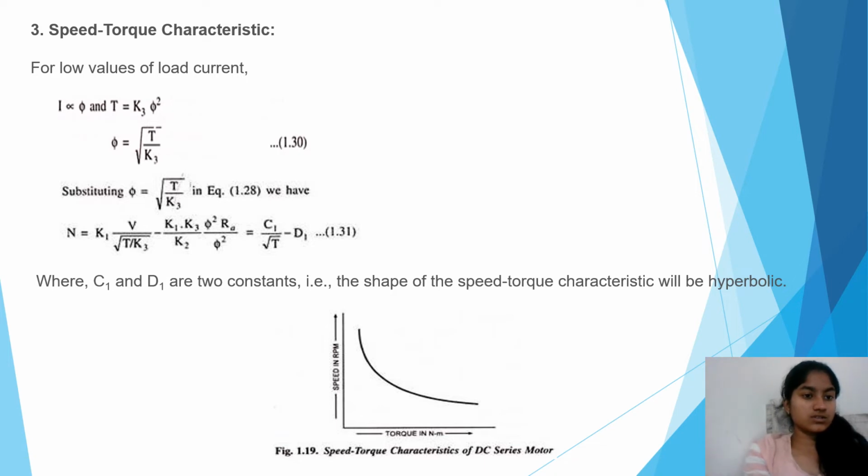Speed torque characteristic. For low values of load current, Ia is directly proportional to phi and T equals K3 phi squared. Phi equals root over T by K3.